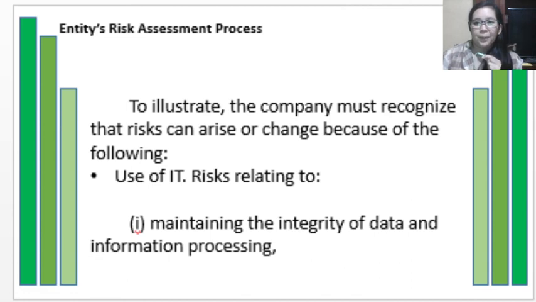Another is the use of IT. Of course we have mentioned a lot of risk associated with IT, information technology. So it relates to risk in maintaining the integrity of the data processing, because in this case, it will eliminate some audit trail because of its automation.